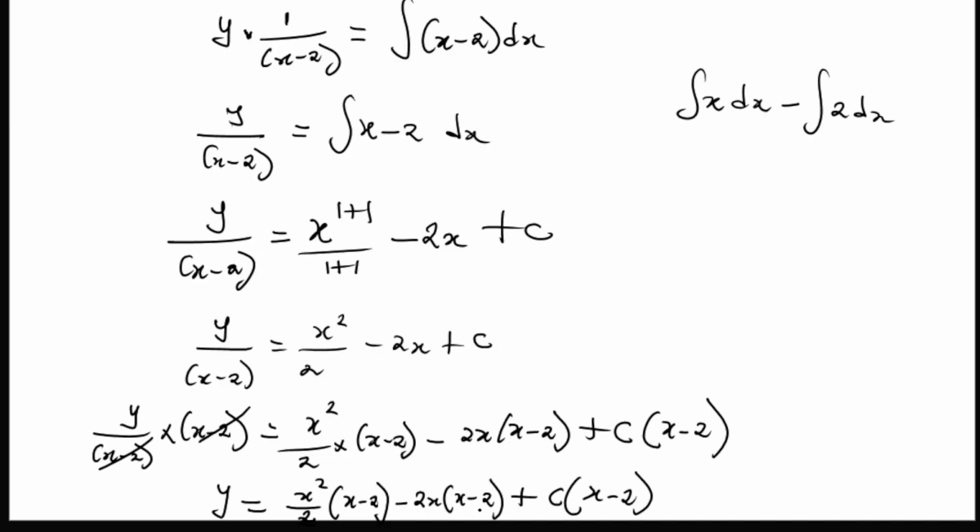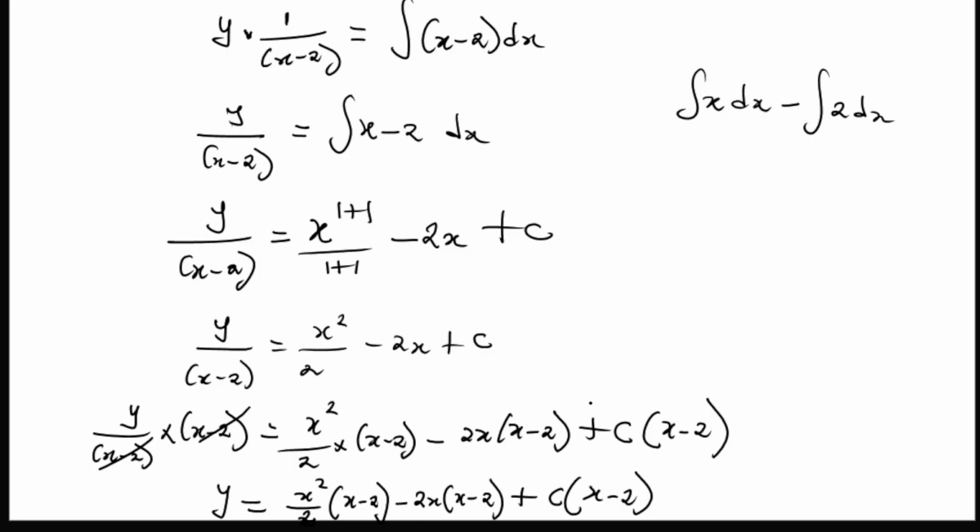So basically, what is this telling you? This equation is telling you that you've simply gotten the value of your y, and the value of your y is simply x squared divided by 2 times x minus 2, minus 2x times x minus 2, plus c times x minus 2. So basically, what you are seeing is your values all have x minus 2.